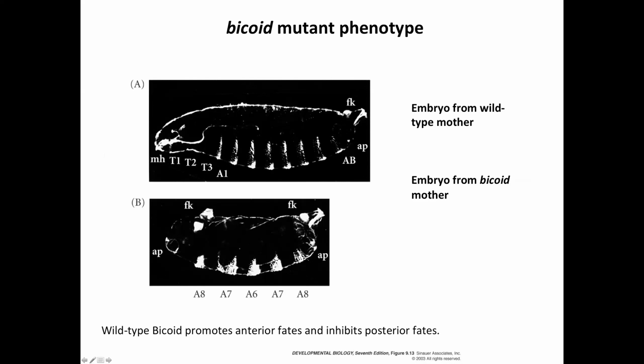So it has A8, A7, and it's like a mirror image replication. So it has the ends replicated at both sides. It has the telsons at both sides, this one and this one, and the segments as mirror images of each other.